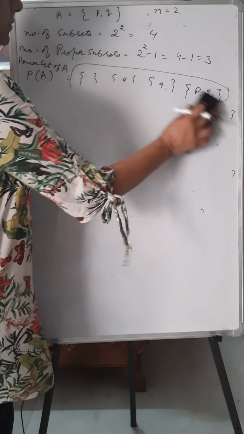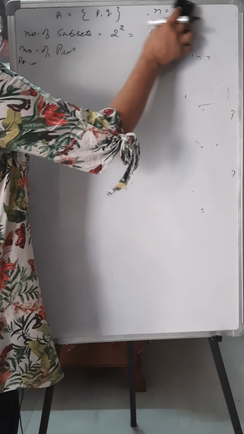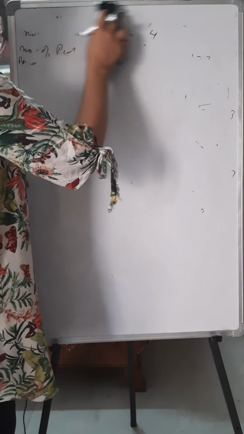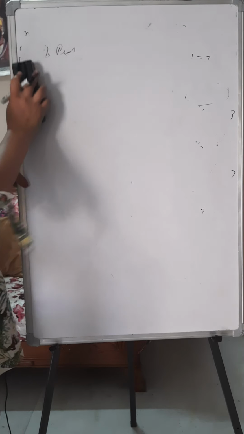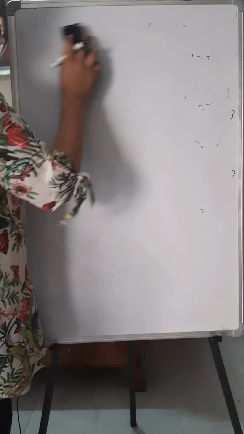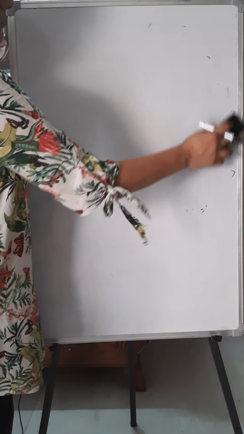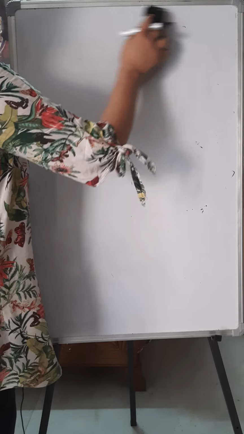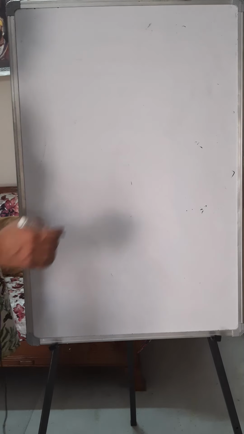The difference between the subset and the proper subset is that a proper subset does not contain the original set, whereas a subset contains the original set.